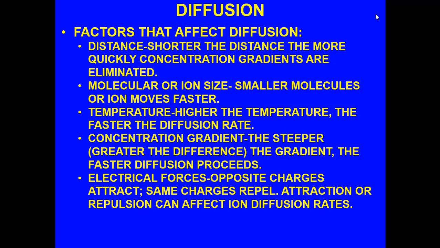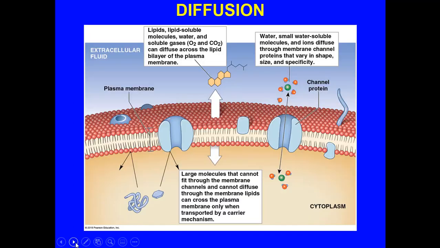But if you had lots of positive charges across a membrane and lots of negative charges on the other side, you're going to have movement of the ions across very, very quickly, from negative to positive or positive to negative.